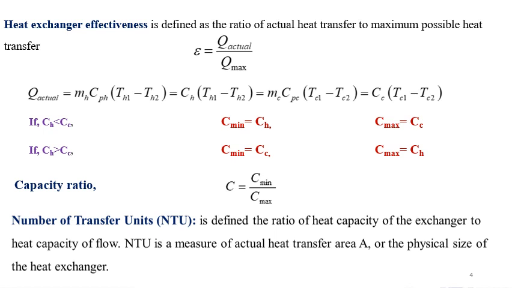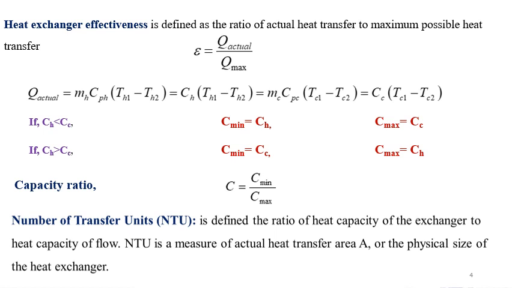What do you mean by NTU? Number of transfer units. NTU is defined as the ratio of the heat capacity of the heat exchanger to the heat capacity of flow. It is a measure of the actual heat transfer area A, or the physical size of the heat exchanger.